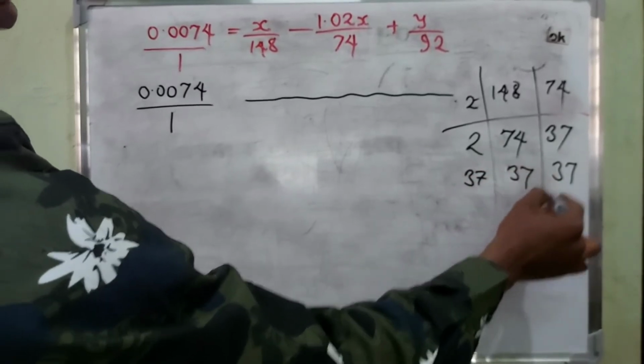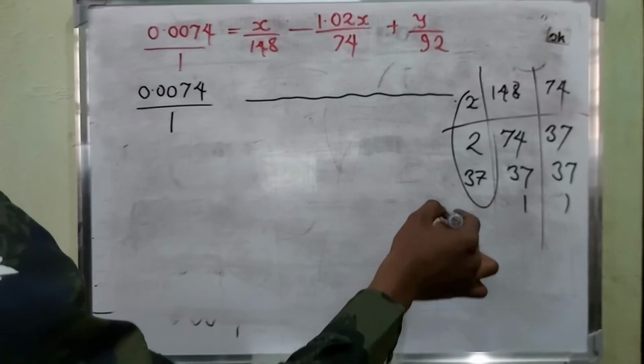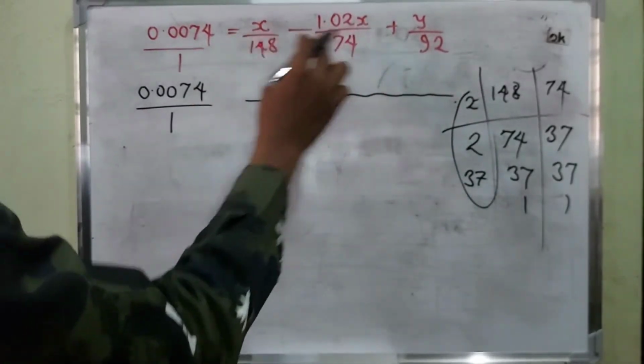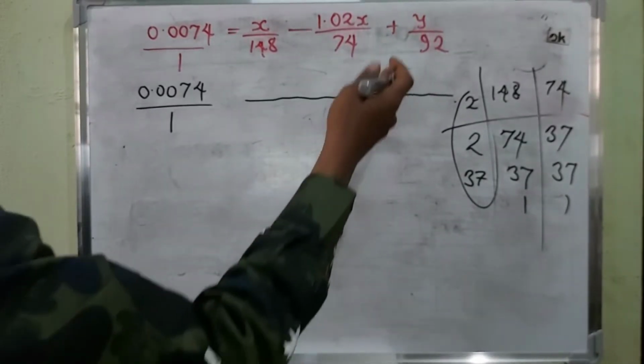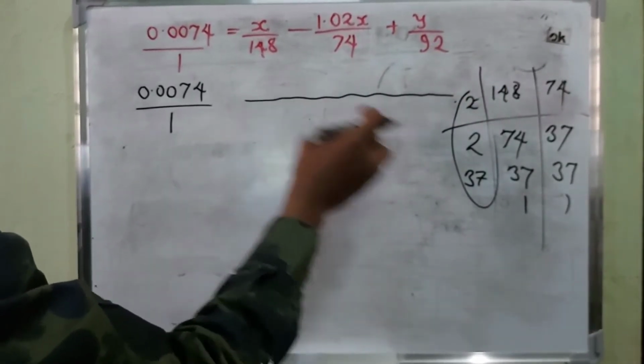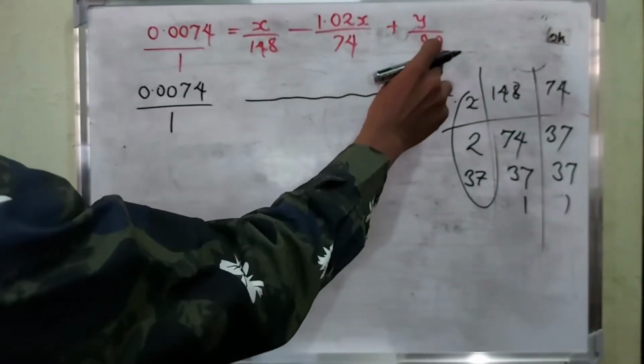So 37, here is 1, here is 1. So I multiply the whole of this. So that will give me 148 for these two x variables. To make things easier for me, what you should do is multiply 148, this lowest common multiple, by this one.